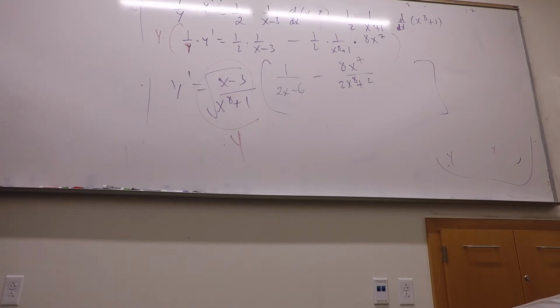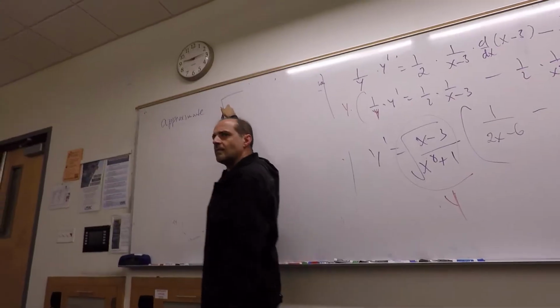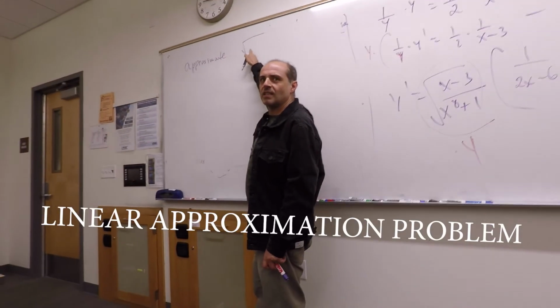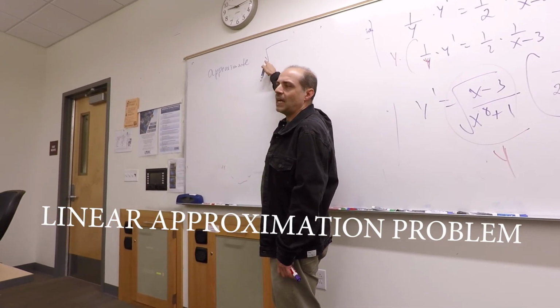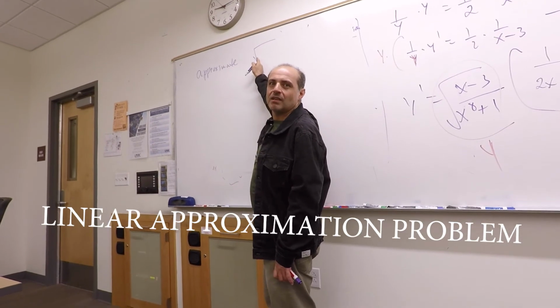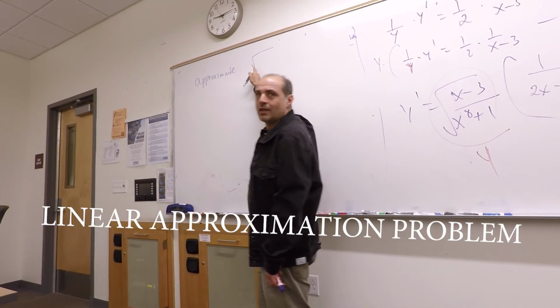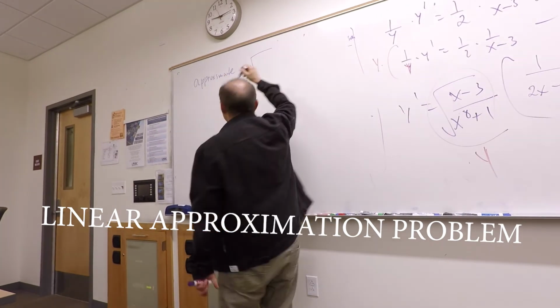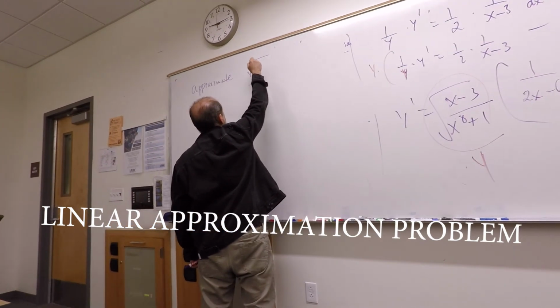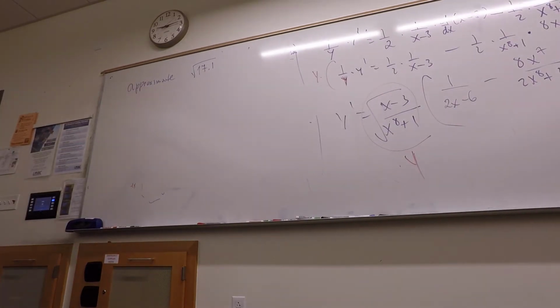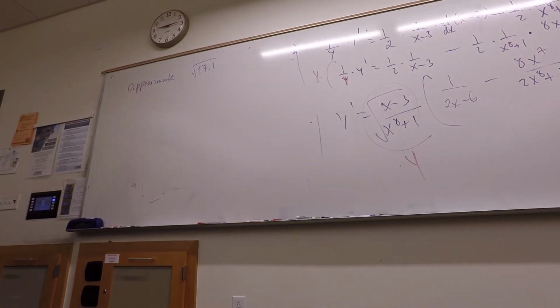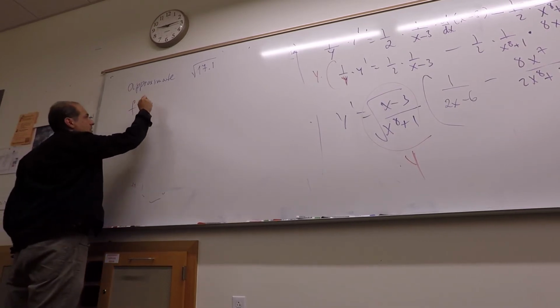Square root, cube root, sine, cosine, the ones on the test. How would I decide what number to put there? It should be close to something whose square root I know. Like I know the square root of 16, of 25, of 9. How about I know the square root of 16, right? So what if I write 17.1? Okay. You have to come up with a function at a point. What function will we use?